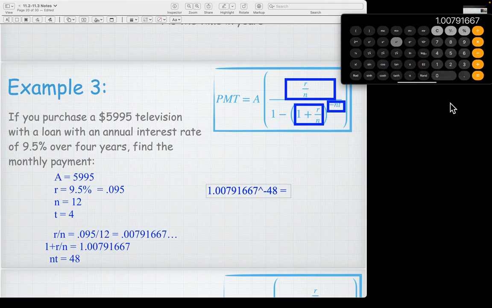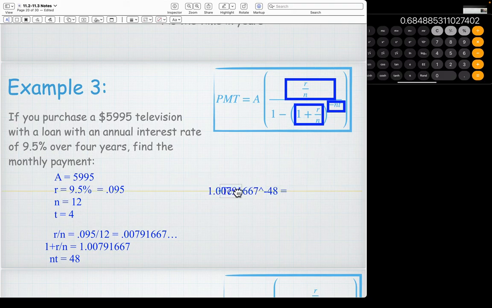So I'm going to have to take 48 negative and hit enter. And I get this 0.684 sort of number. So 0.68488. So that chunk is, let me maybe show that much in purple. So that was this part of the formula.